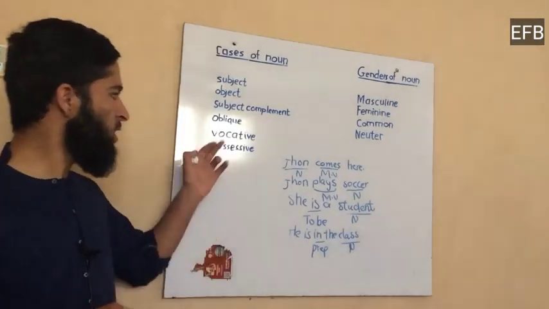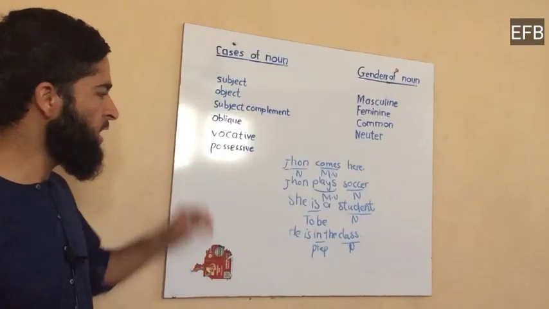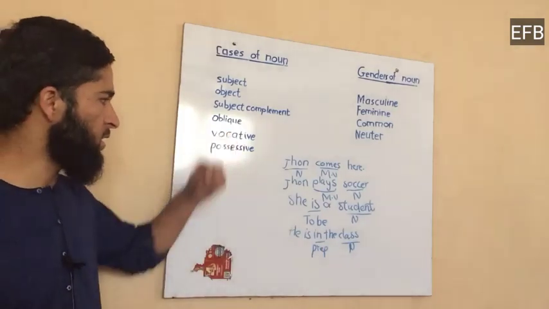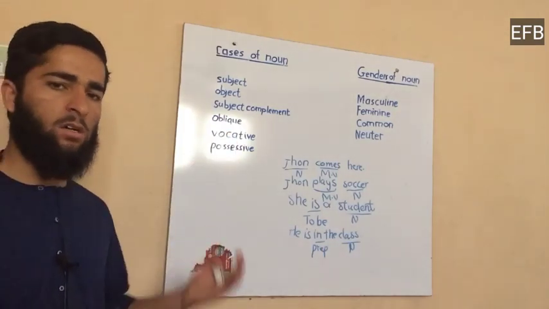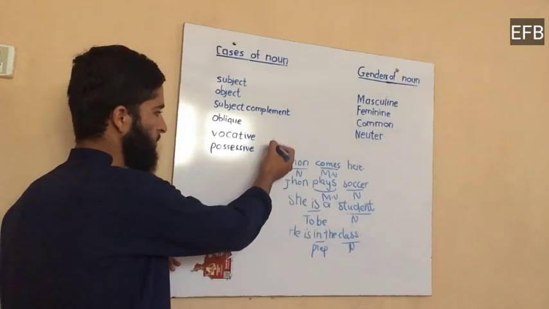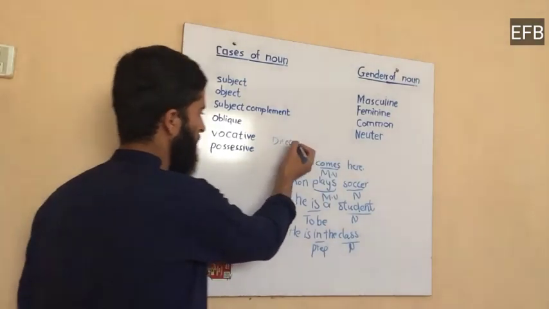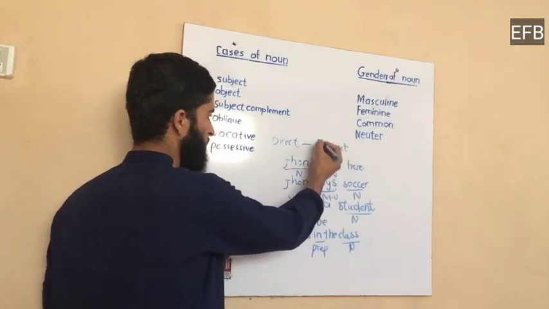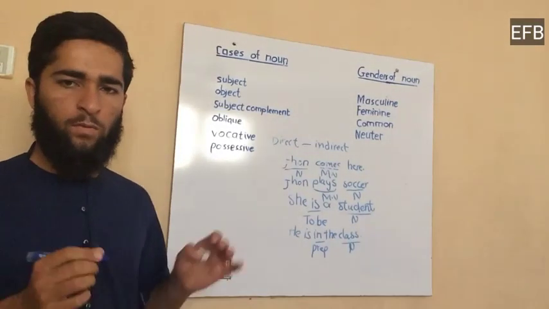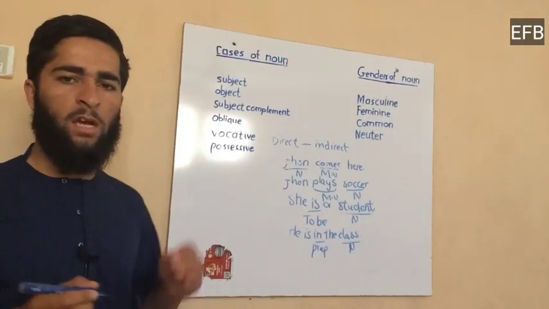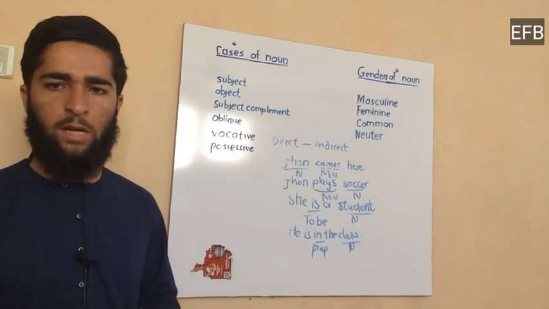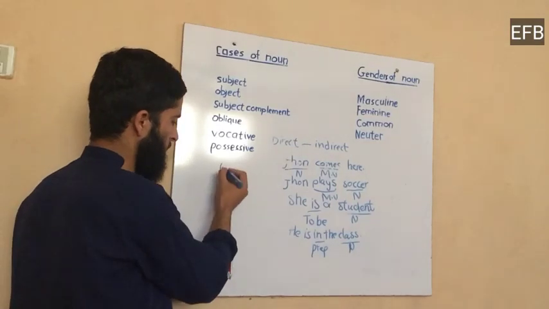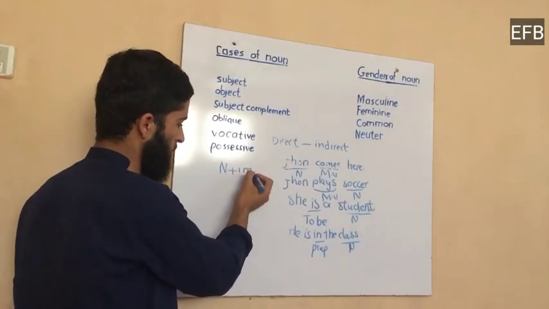And now let's talk about the vocative case. Vocative case is different from all of them. What I mean is it has 2 types: direct vocative case and indirect vocative case. In this case the noun is articulated by the speaker. Articulated means divided. In direct case we say noun plus imperative.